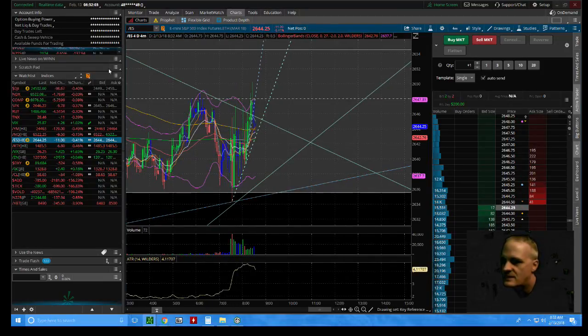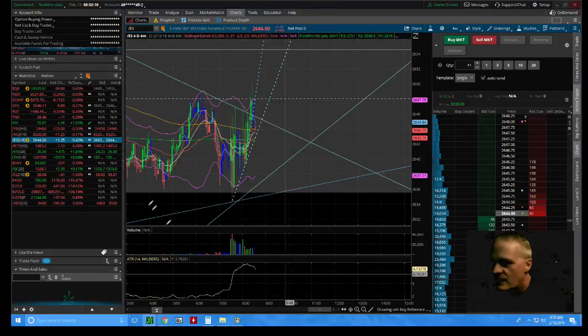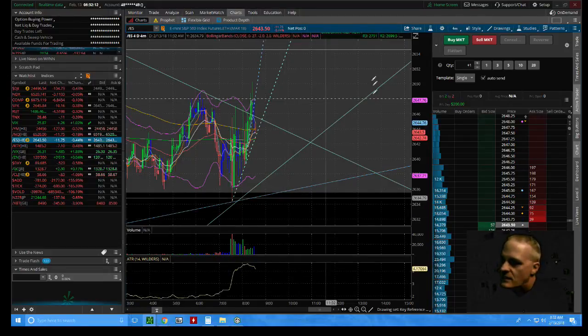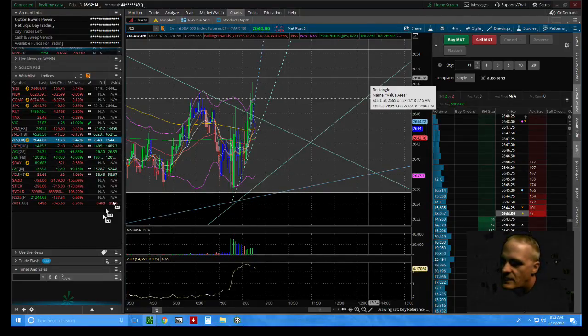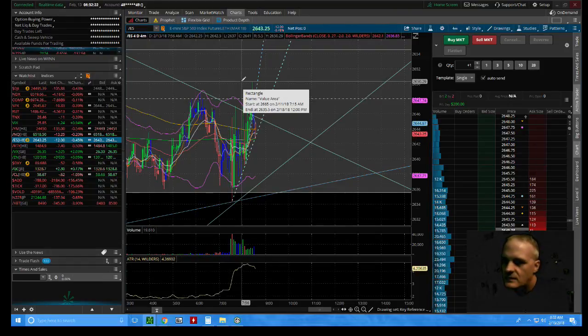When you run a profile study, either a volume profile study or time profile study, the value area is where, and it depends on how you define it, it can be 80% or 70%, that particular symbol has spent 80% of its either time or volume.